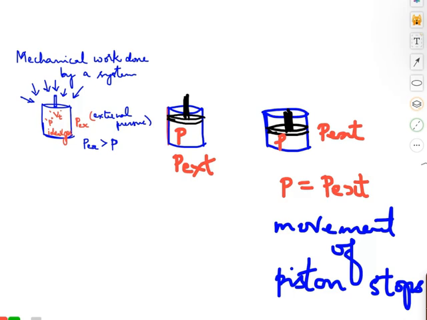Delta V. Look, this is the first scenario, V initial. Which is your V final?